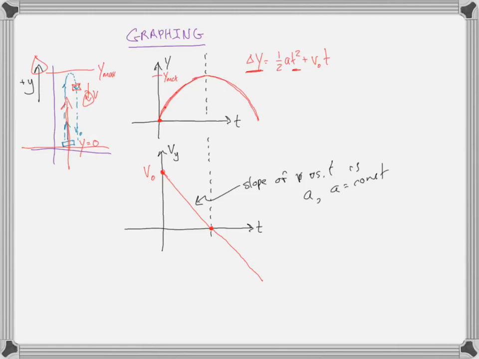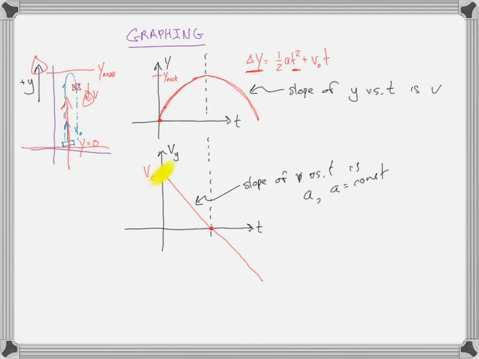Okay. But also remember that the slope of y versus t is v. So you can see, if you follow along the v curve, let's just look at t equals 0 right here. The velocity is the highest.